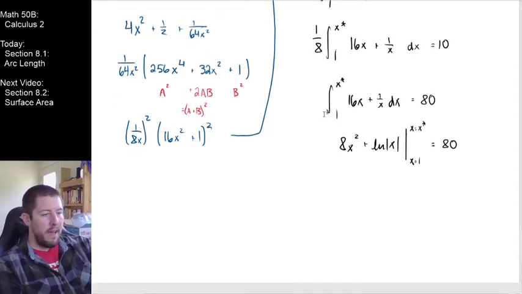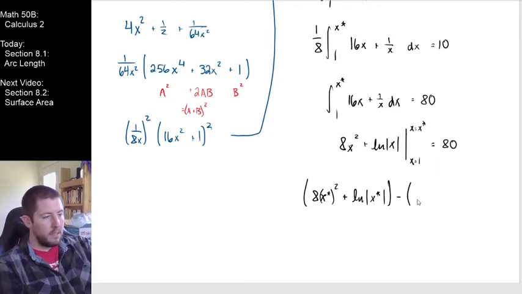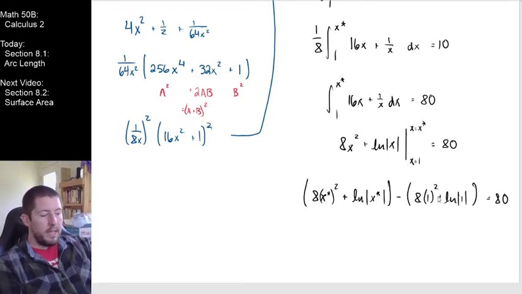All right, so let's go ahead and evaluate this. It looks like I'm getting 8 x star squared plus the natural log of x star, minus 8 times 1 squared plus the natural log of 1, equals 80. Over here, I see that I'm going to get 8 plus 0.